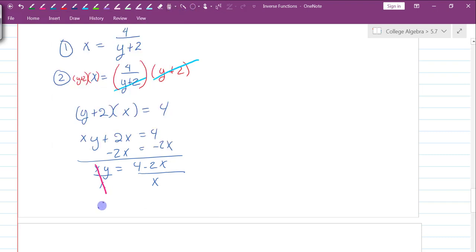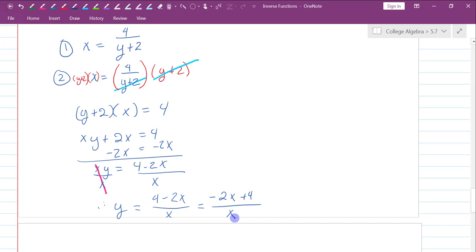And I get, therefore, y is equal to 4 minus 2x divided by x, which is also, I can swap the numerator around so I have my x's in the lead. So it's going to be minus 2x plus 4 divided by x. Okay, I'm not quite done. I have one more step.